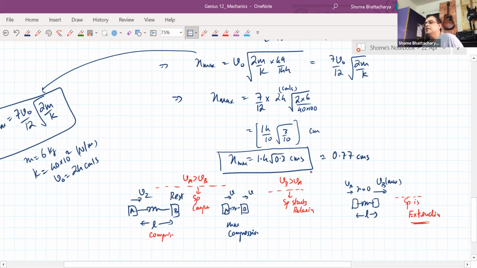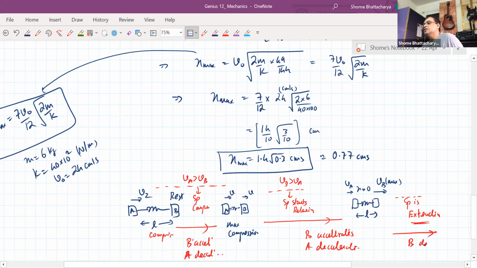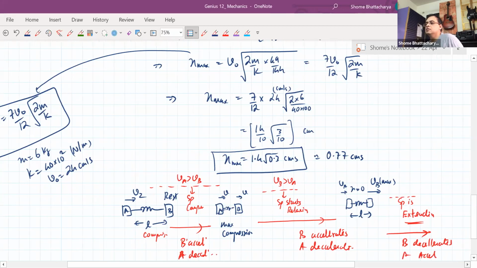As the spring is extending, up to here B accelerates, A decelerates. Even in this part, the same thing is happening: B accelerates, A decelerates. But now after this, B starts decelerating and A starts accelerating because the spring is extended.